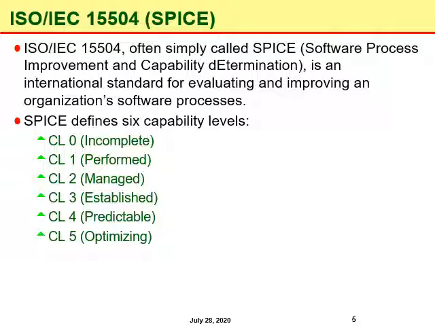Like CMMI, SPICE also has different capability levels, and it actually has 6 capability levels, from CL0 to CL5. CL0 is incomplete. For this level, there are no requirements, and every organization automatically achieves CL0.